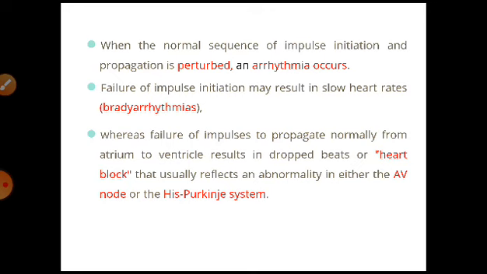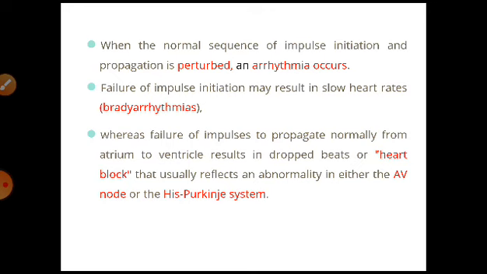Usually that reflects an abnormality in either the AV node or the His-Purkinje system. So this problem we are talking about, why it's happening, maybe because of a problem somewhere in the AV node or somewhere in the His-Purkinje system.